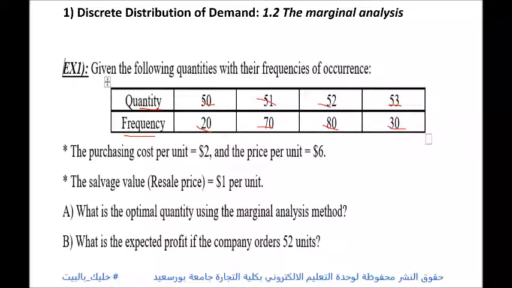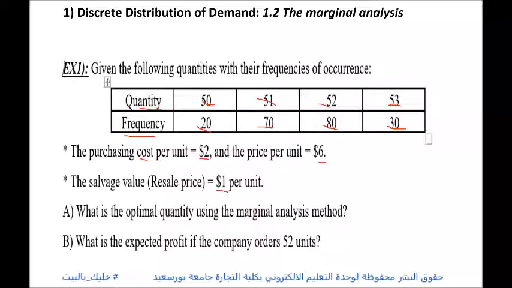Just from the frequency, you should get probability. Cost here $2, price per unit $6, salvage value $1. What is the optimal quantity using the marginal analysis method? What is the expected profit if the company orders 52 units?